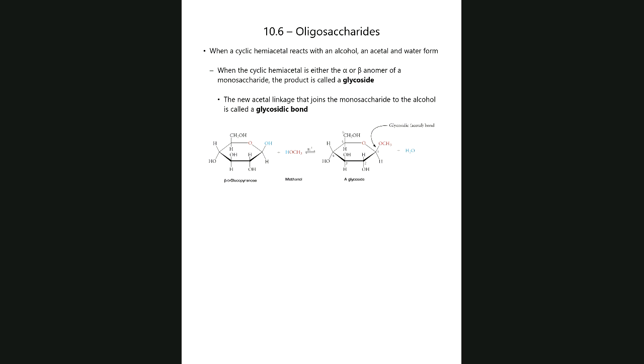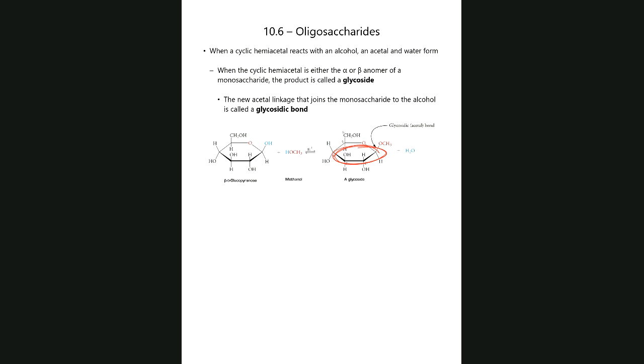Sugars, when they're combined with each other, are called glycosides, which is what is shown here, this term, right? And then when they are linked with one another to form multiple structures, we call the bond that links them together a glycosidic bond, because that's what joins them together. Now, in this example, this is not a sugar.